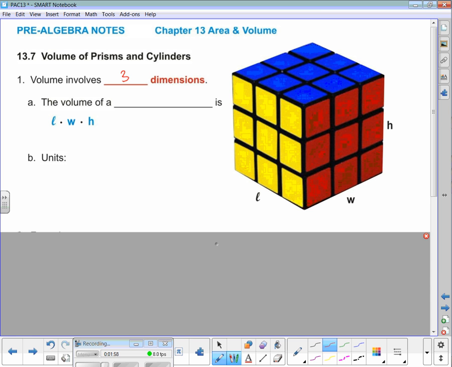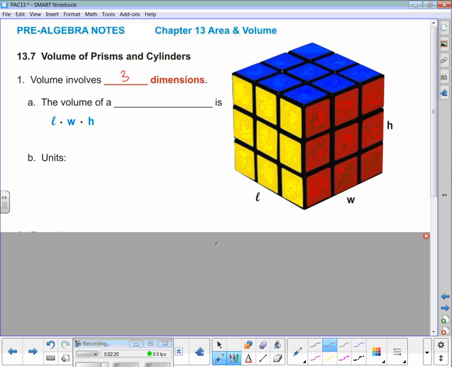No. A whole lot more. Alexandra? 54. Not that many. John? No. All right. This is interesting. Yes, Wyatt. There are 27 little squares that make up that Rubik's Cube.